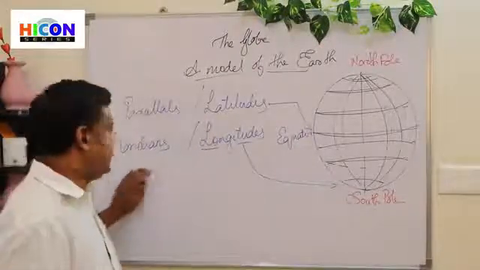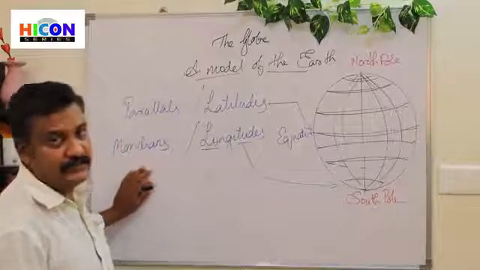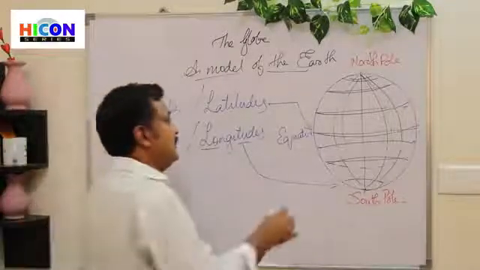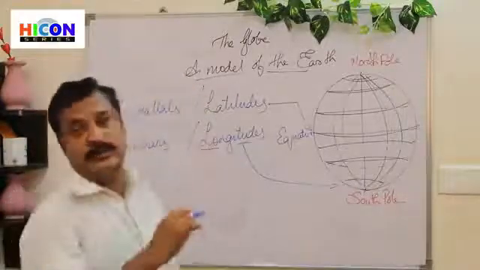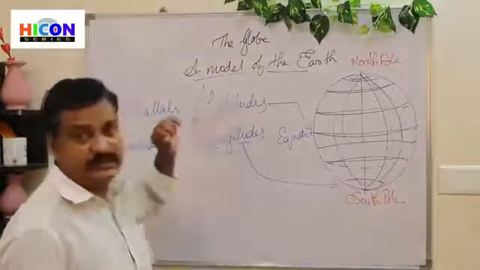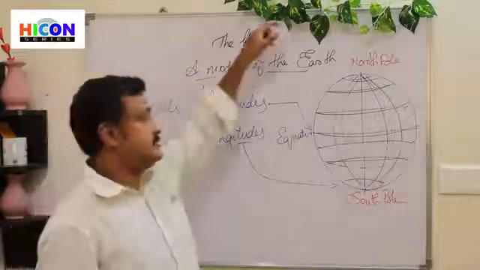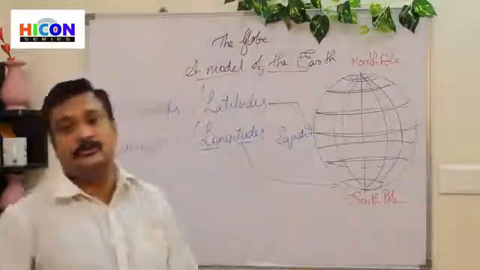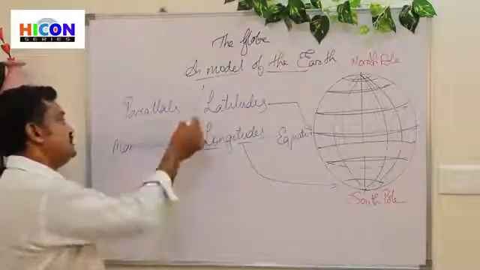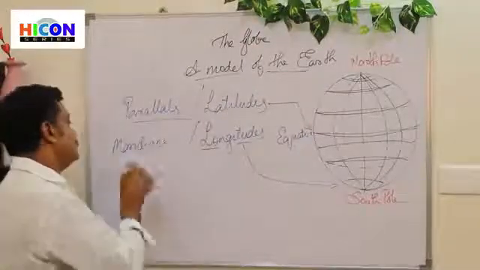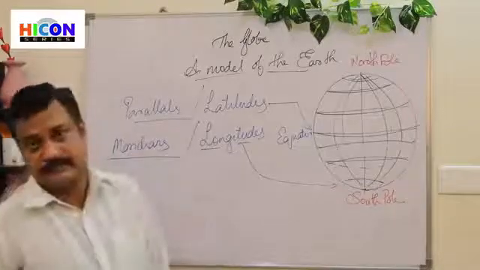Longitudes are also known as meridians. Right? So the lines that run parallel are known as the latitudes, and the lines that start from the North Pole to the South Pole are called longitudes.